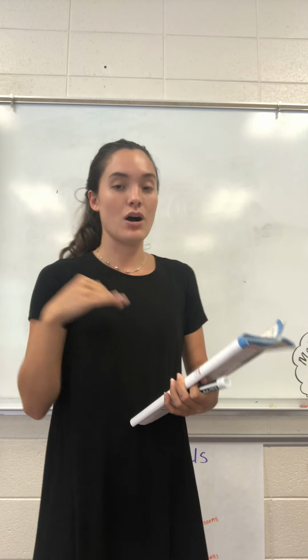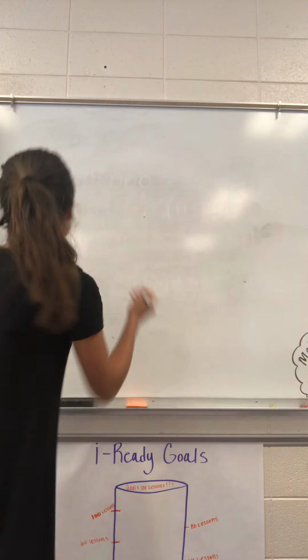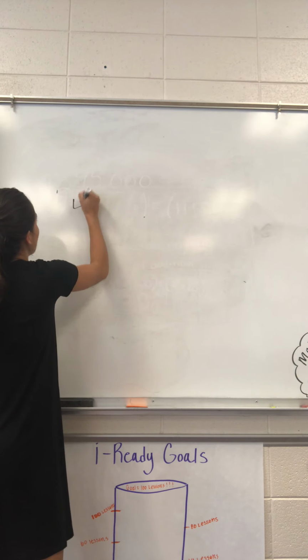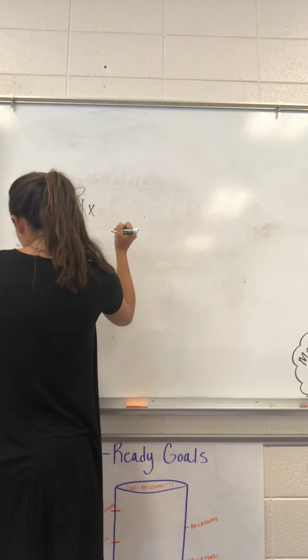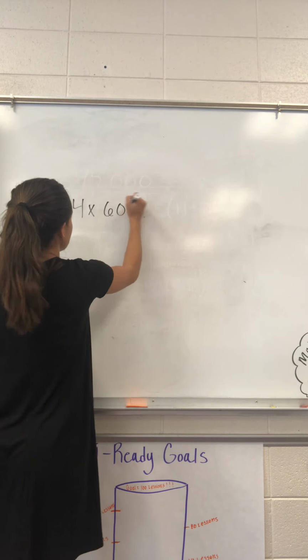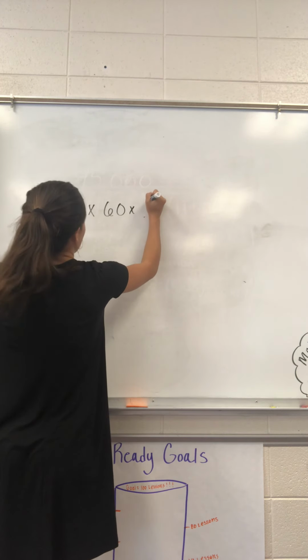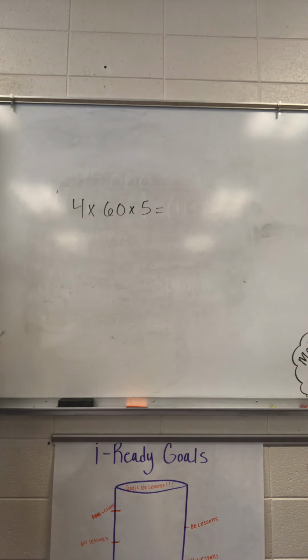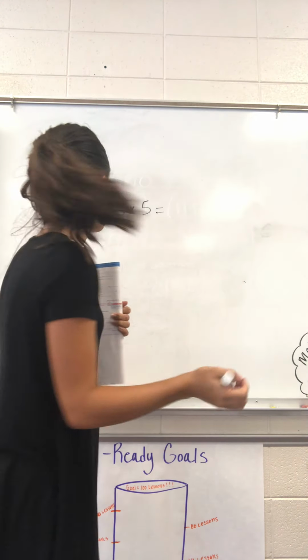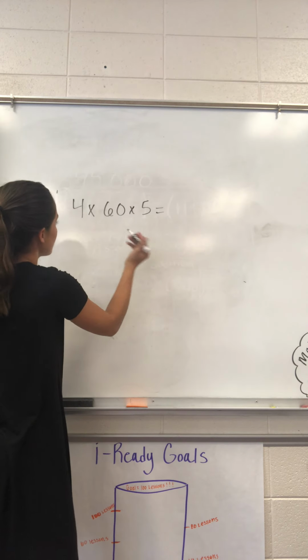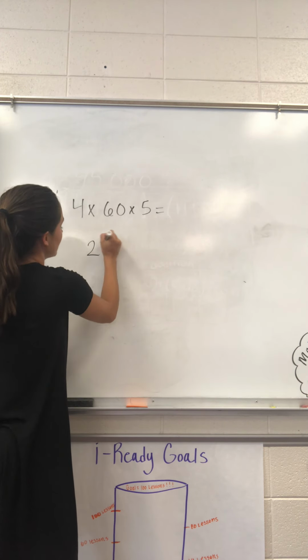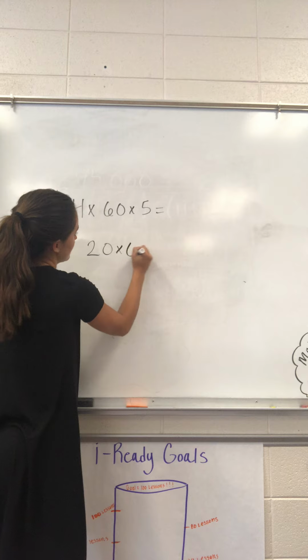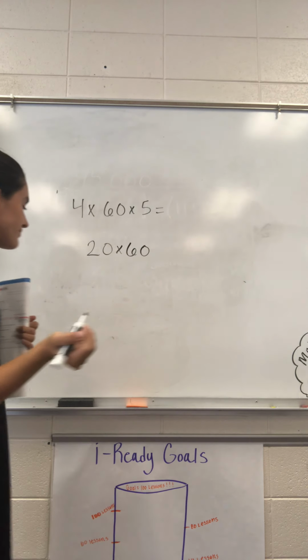So for number 8, we've got all multiplication, so we don't have to worry about the order. So we've got 4 times 60 times 5 equals. If I don't have to worry about the order, I'm going to go ahead and do 4 times 5 first. So 4 times 5 is 20. I'm going to bring that down, and then I'm going to do times 60.